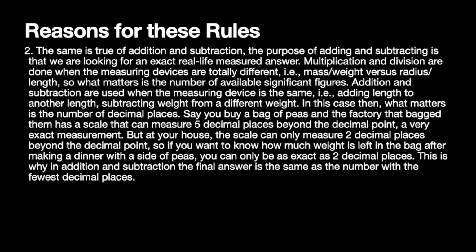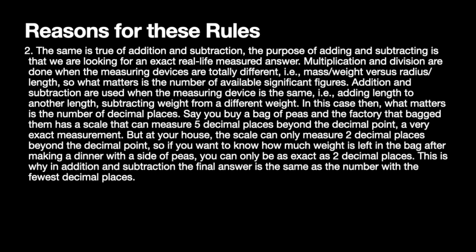So what matters is the number of available significant figures. Addition and subtraction are used when the measuring device is the same, i.e., adding length to another length, subtracting weight from a different weight. In this case, then, what matters is the number of decimal places.